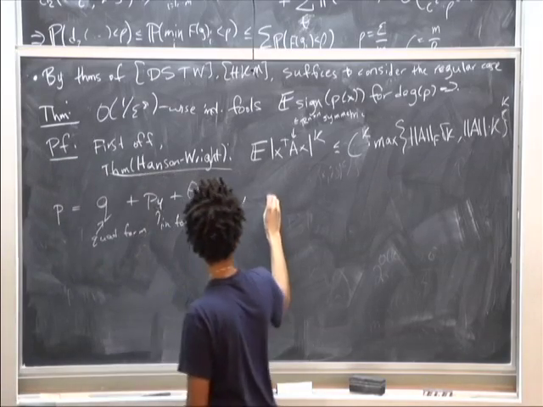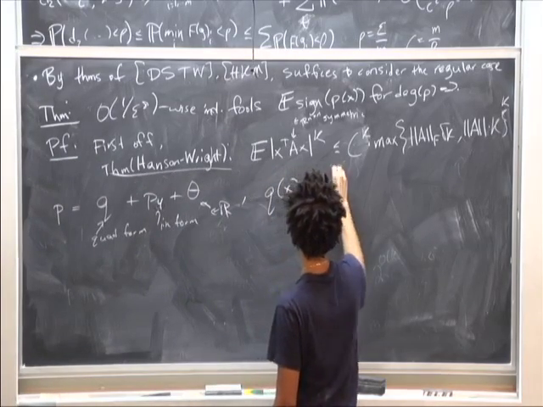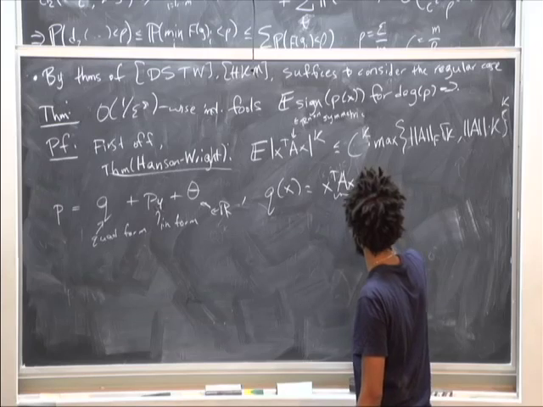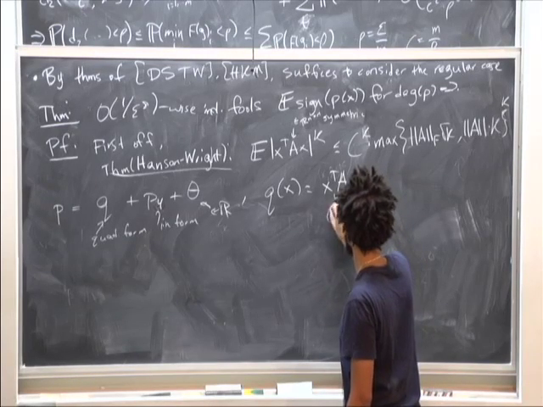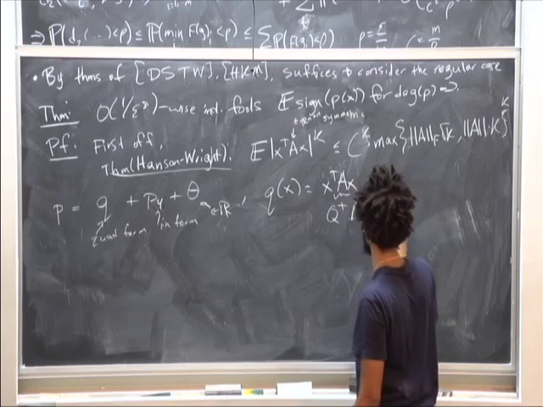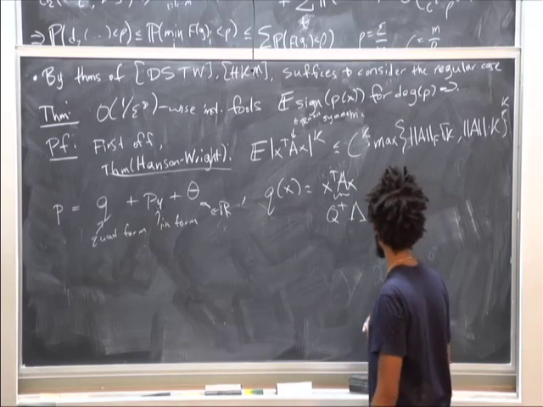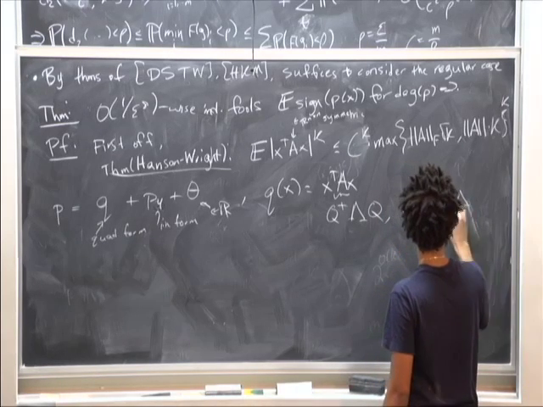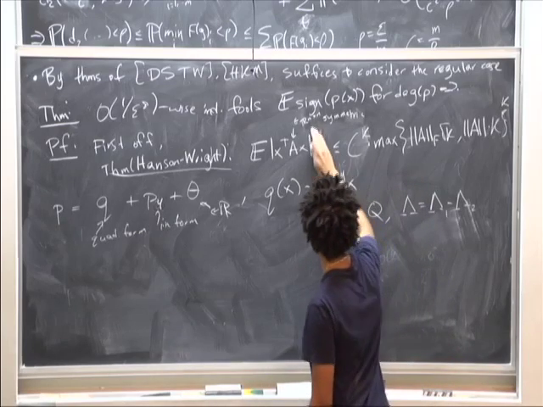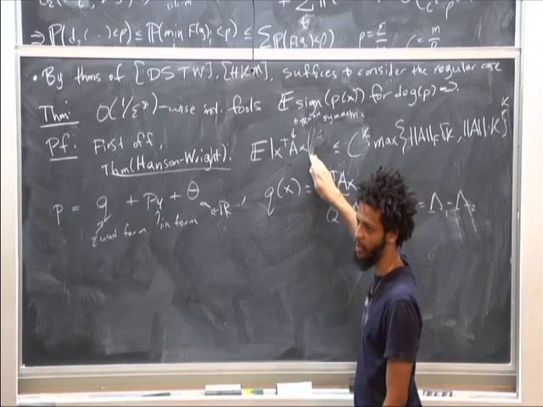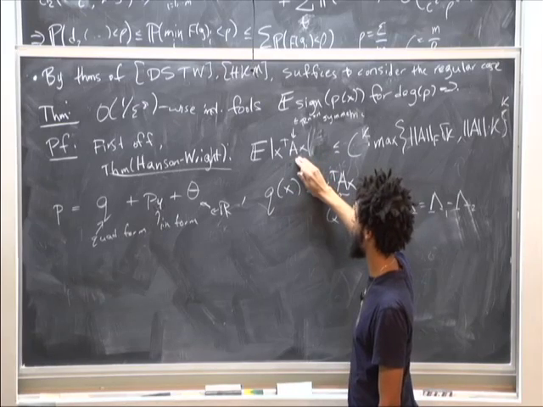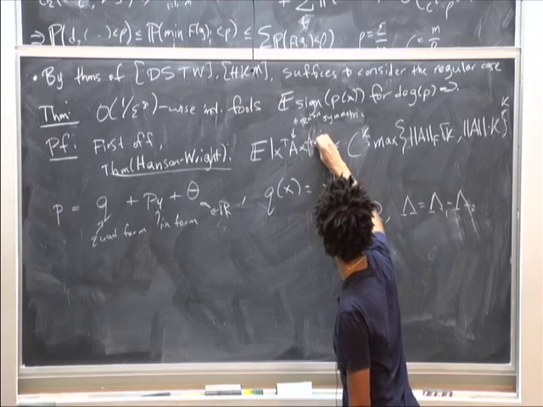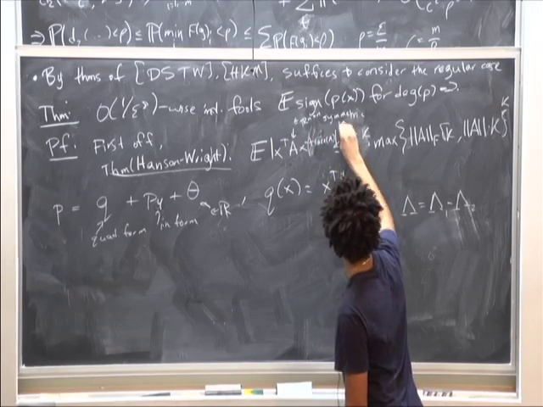Q of x is equal to x transpose AX, and A is equal to Q transpose lambda Q for some diagonal lambda. And we're going to write lambda as lambda 1 minus lambda 2. Sorry, this is really a central moment bound, so it says that you're concentrated on the expectation. The expectation of x transpose AX is the trace of A, so minus the trace of A, to the K.